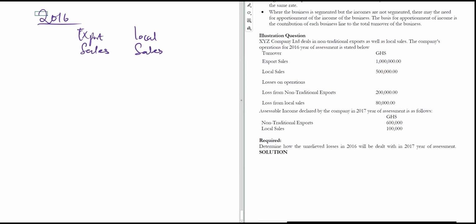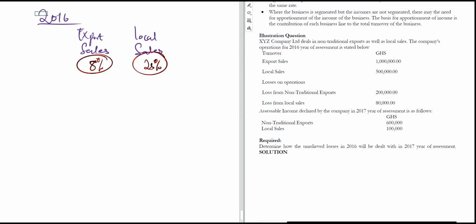The law says I cannot charge this 200,000 loss against the 500,000 income of the other business. Charge the loss from export against export, and the loss from the local business against local. Why? Because they have different tax rates. This one will be taxed at 8%, this one at 25%. So charge each against its corresponding income.